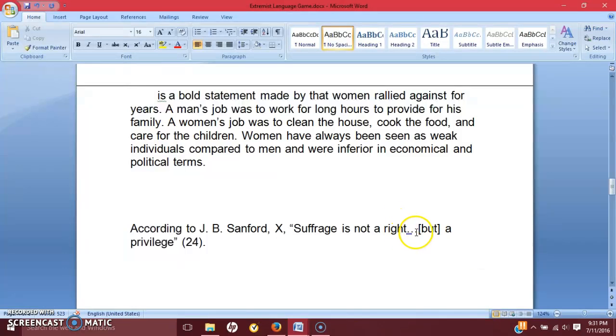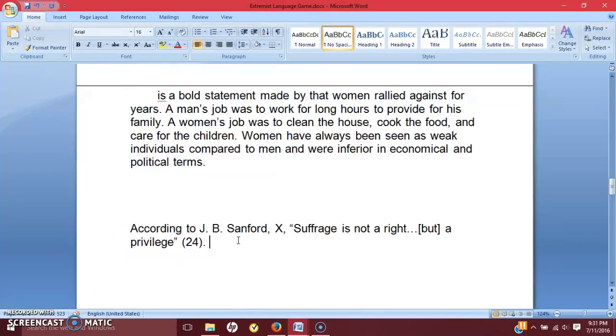But let's omit the period as well, and then we're inserting the word but. So we're just continuing the sentence. Suffrage is not a right, but a privilege. So the meaning needs to stay the same. You can alter things within the quote by omitting information or adding it, but the meaning needs to stay the same overall. Otherwise, you're misguiding the reader and you're not representing your source correctly.